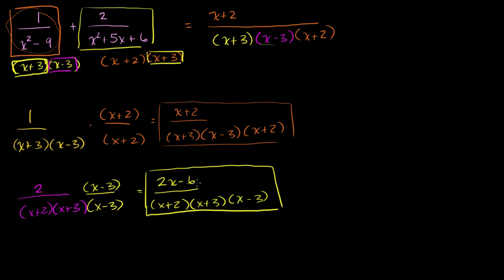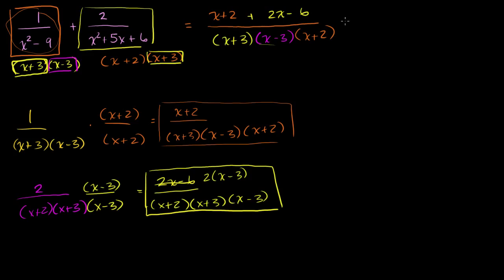And then to that, you're going to add 2x minus 6, because the second term is 2x minus 6 over all of this business. You could also write this as 2 times x minus 3 over all of this, the x minus 3's would cancel out, and you get this again. So this is what we get when we add the two.